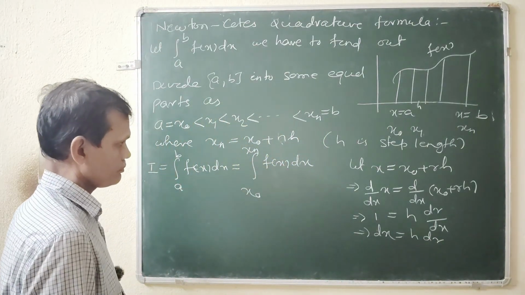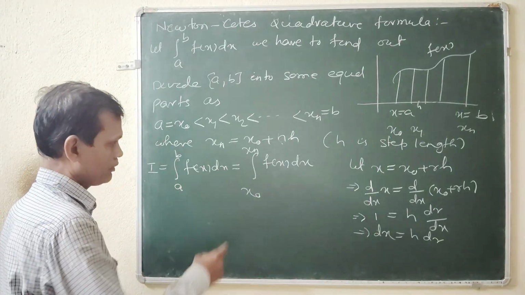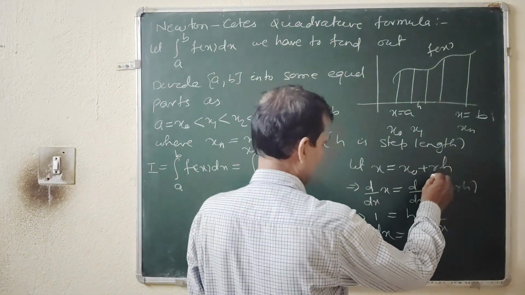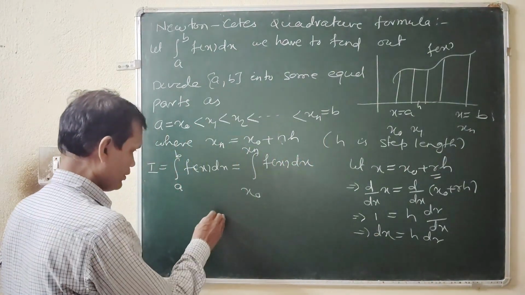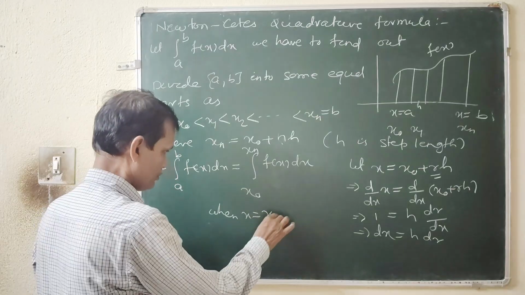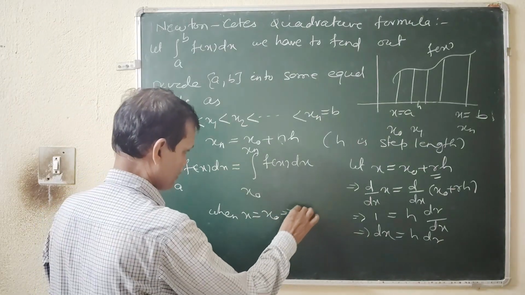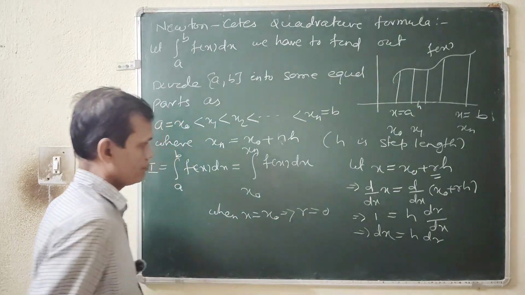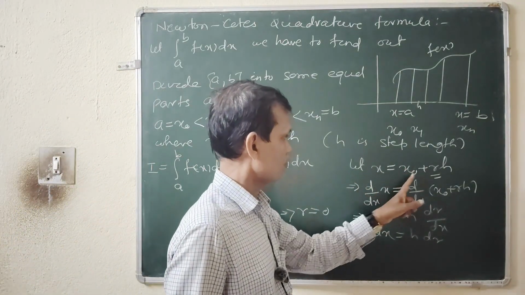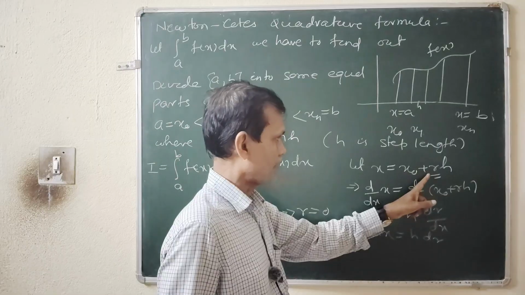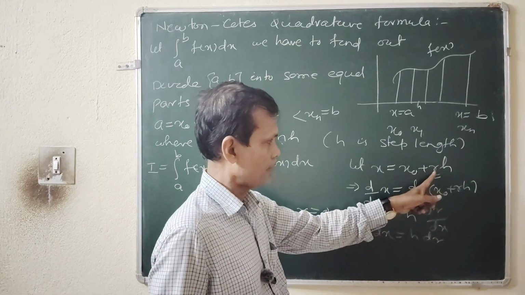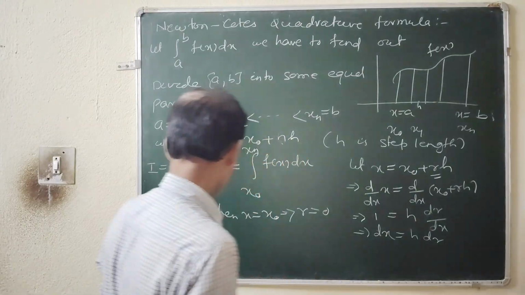And what about the limits? We are considering r as a variable. When x is equal to x0, that implies r is equal to 0, because if you put x as x0, then x0 equals x0 plus rh, so rh equals 0. h cannot be 0 because h is the step length, r is the variable, so r is equal to 0.